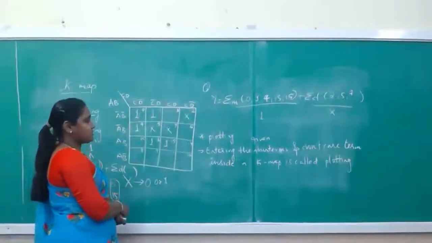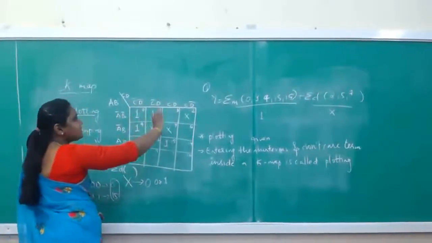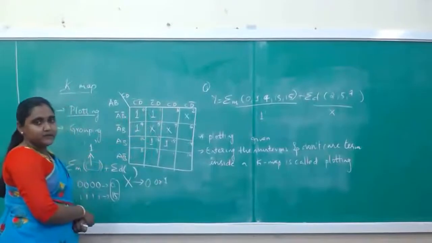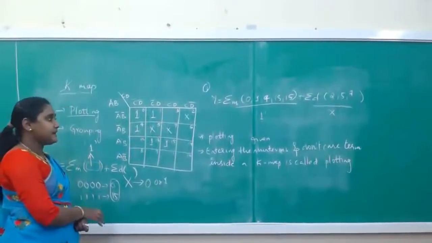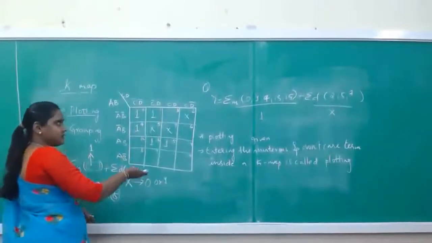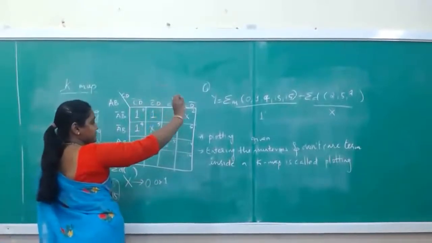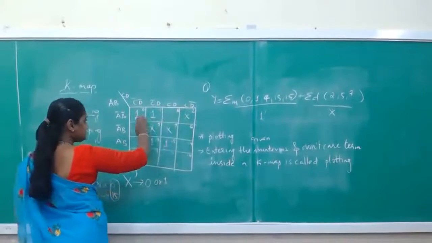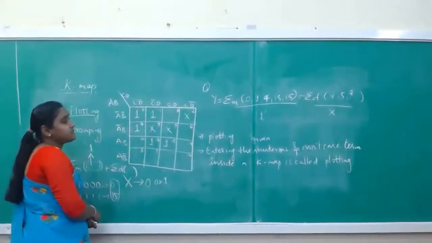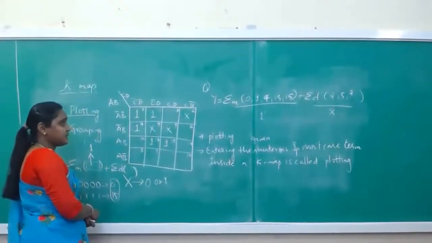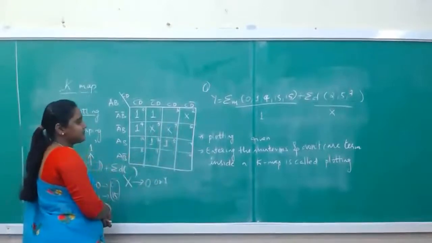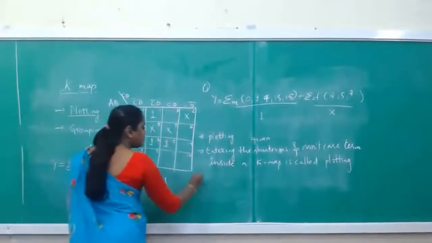Corresponding combinations. After this, the layout was ready. Layout for 4 variables was ready. After that, depending on the given problem, we have entered the min terms and don't care terms inside the K-map. This is called plotting. Right? Now we have to do what?